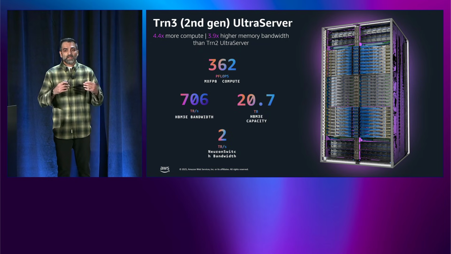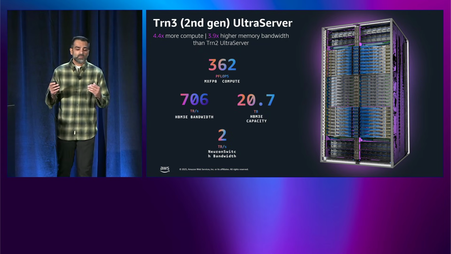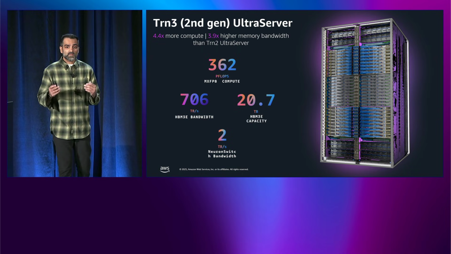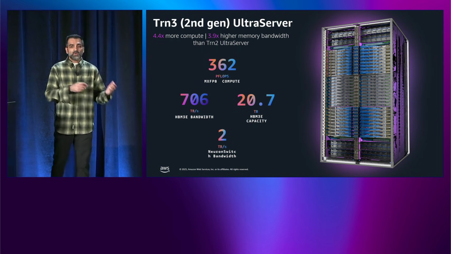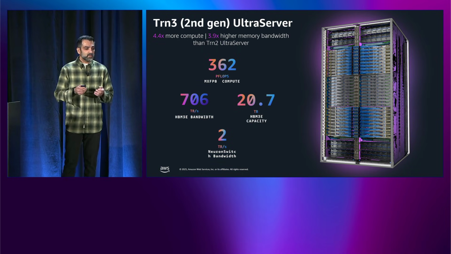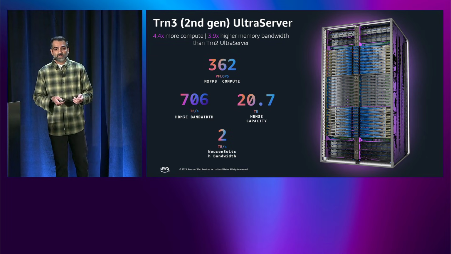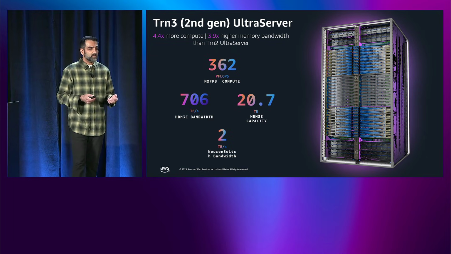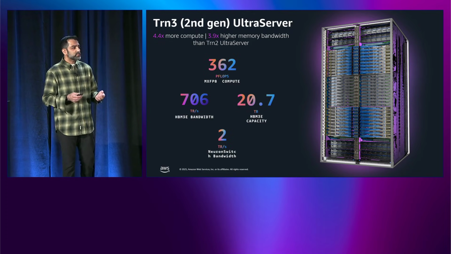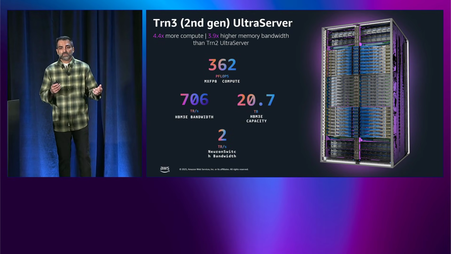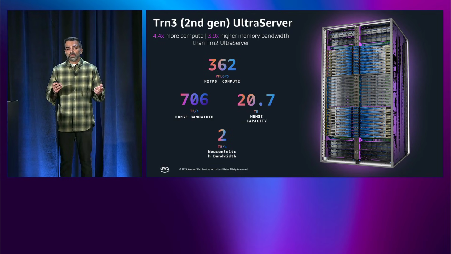And we've innovated at every level of this server design as well. So starting from the chip, we also redesigned our compute sleds and the servers themselves, bringing in better switching matrix as well with our introduction of Neuron switch. And what this allows is all 144 chips to work in very low latency, high bandwidth communication with each other.